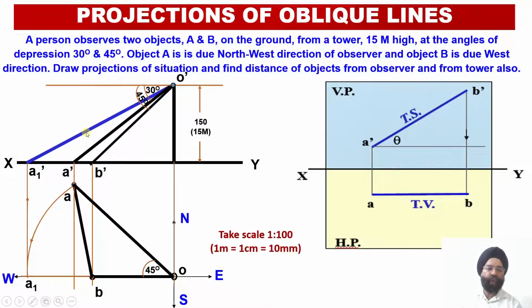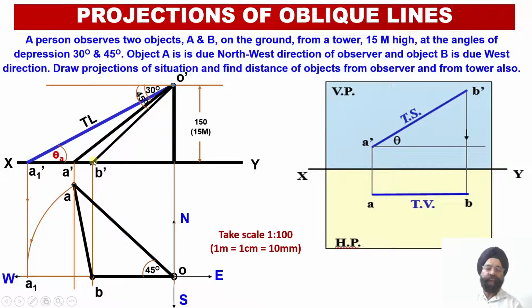So we have been successful in obtaining the first solution, that is the distance between the observer and the object A. Once we obtain this true length, the angle of inclination of the ray of sight or string with respect to the ground, that is theta A, has also been evaluated. So the first true length we have been successful in evaluating. Now let us evaluate the true length corresponding to the object B.